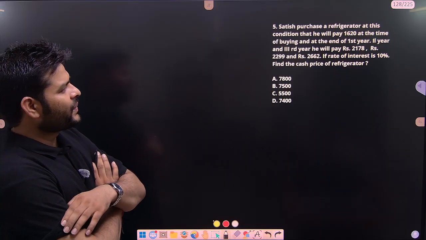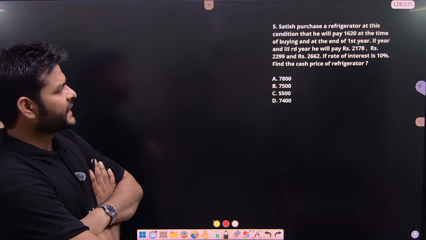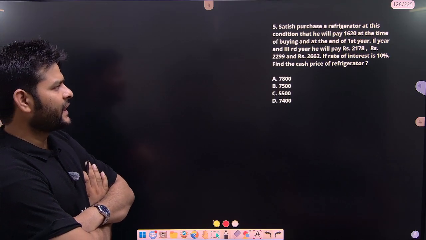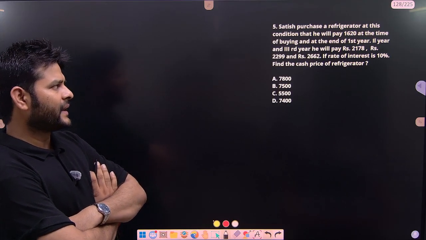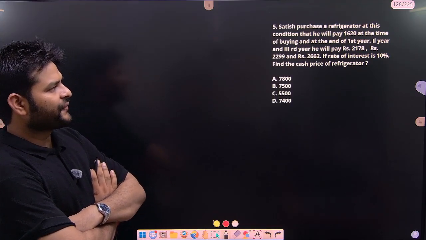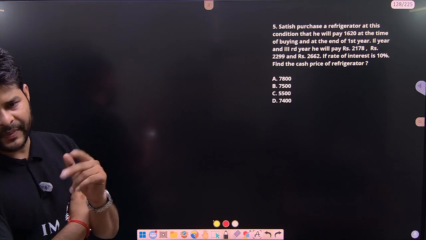At the end of the first year, second year and third year he will pay 2178, 2299, 2662. If the rate of interest is 10%, find the cash price of the refrigerator.